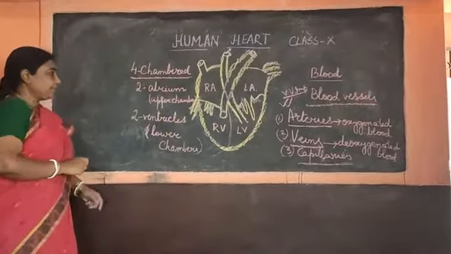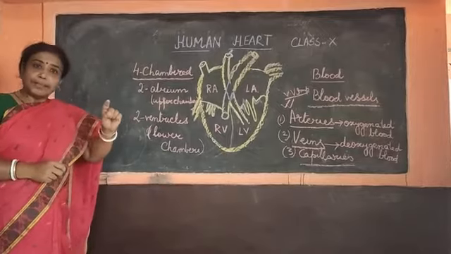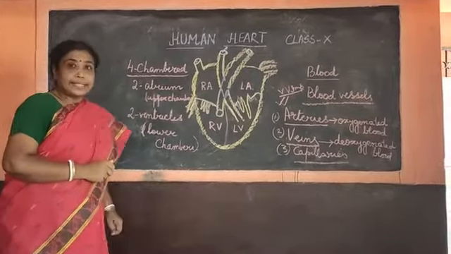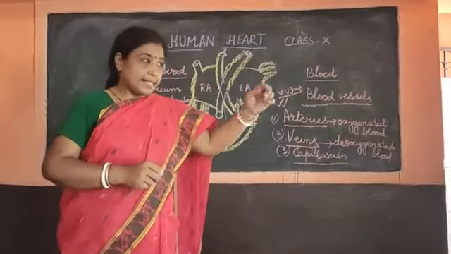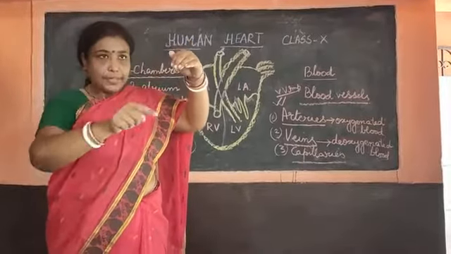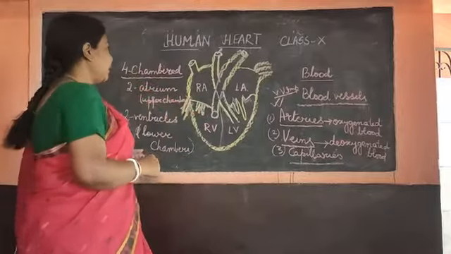Now children, you have to know how the blood enters the heart and how it leaves the heart. It is not that easy that the blood will simply get inside the heart. It will move round and then it will come out of the heart.